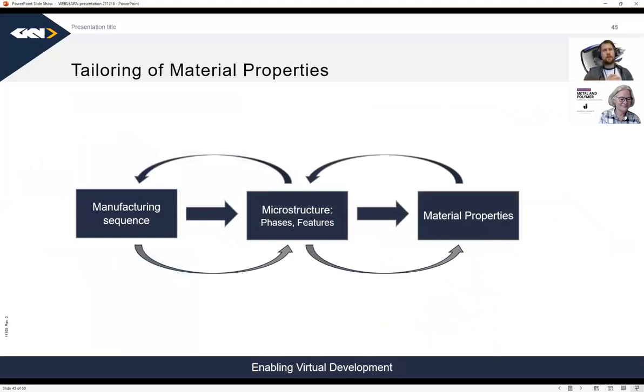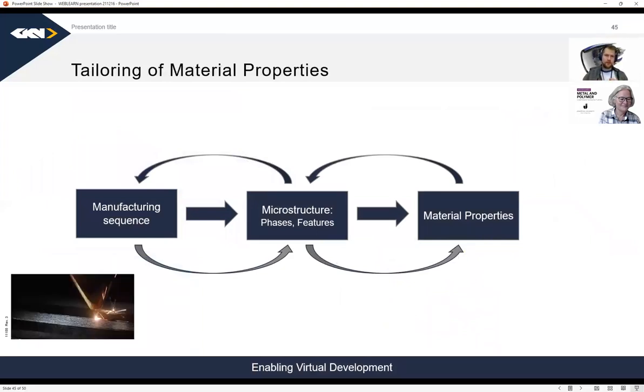So, talking about how we think about tailoring material properties: a main part of the work that we are doing at GKN at the moment is working with additive manufacturing and trying to develop additive processes where we can shorten the lead time and decrease the buy-to-fly ratio.